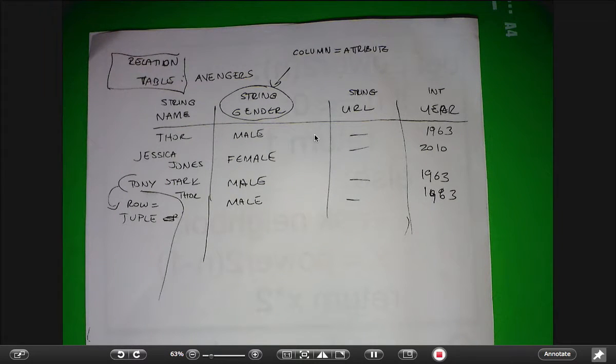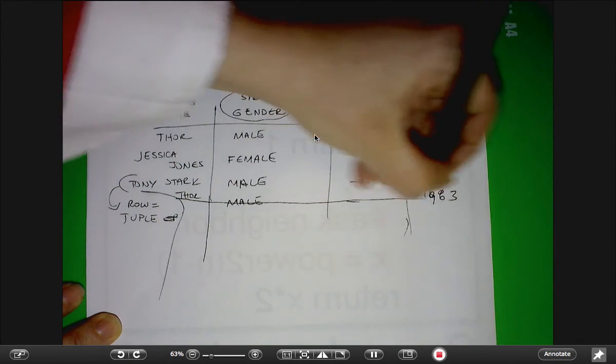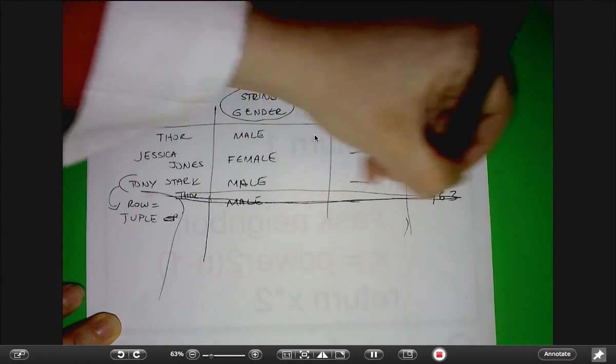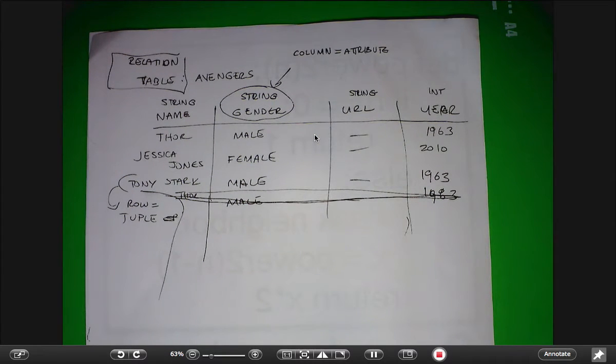So the point is that logically, I should really not repeat information. So that's why it's basically the same information if I repeat it or not. So really the meaning of who is an Avenger is basically the unique tuples in this table, the unique tuples in this relation.